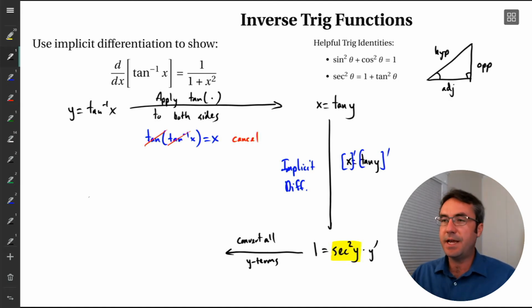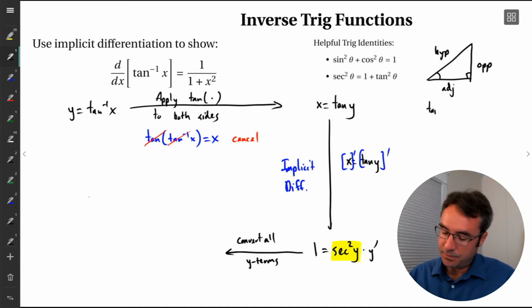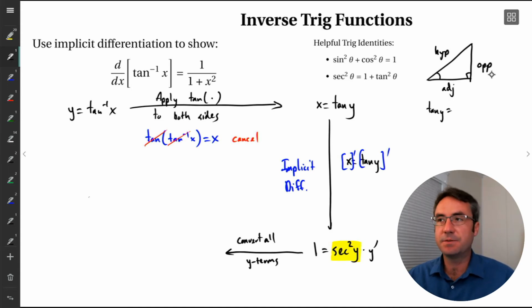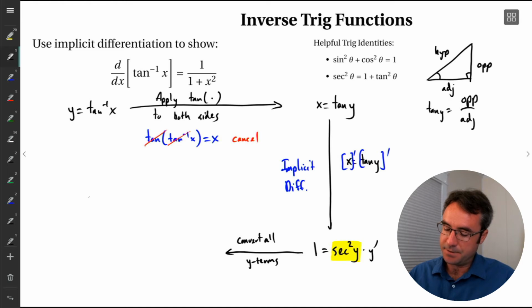Now, when we think of tangent of y, the tan function can be thought of as relating the adjacent side and the opposite side. Tangent is sine over cosine, so this is opposite over adjacent. From here, we want to look at what the pieces are for our tan function.